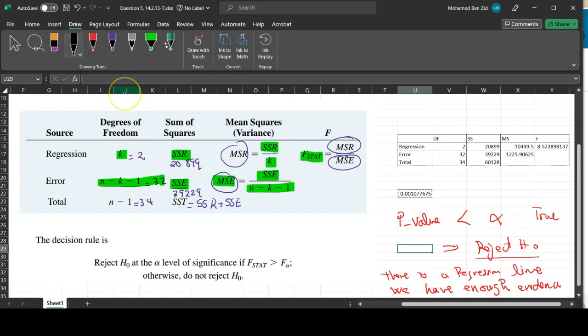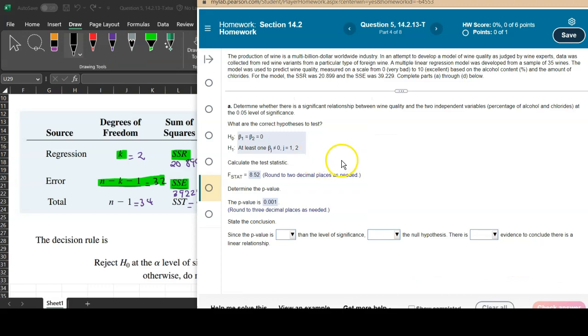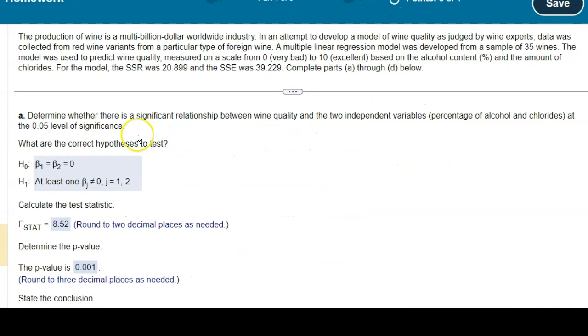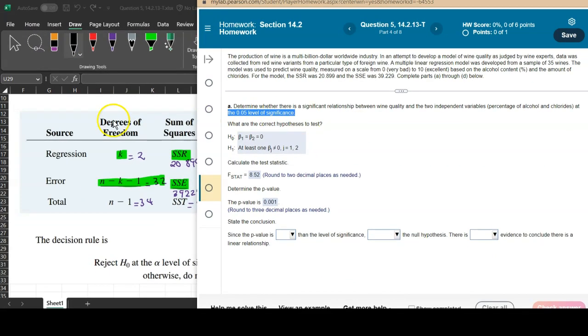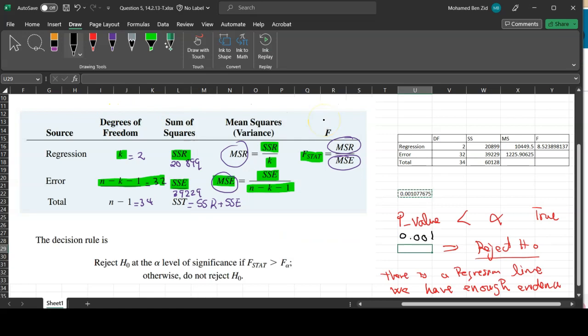So the p-value we know is 0.001, and the alpha value, let me go back to the problem. The alpha value is right here, the level of significance 0.05. So is it true that 0.001 is less than 0.05?